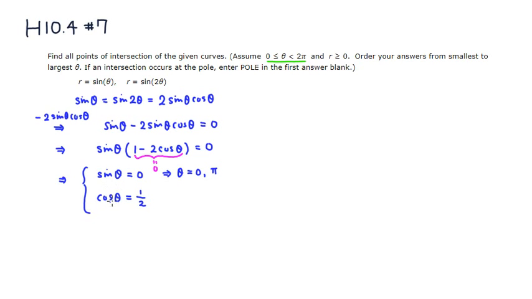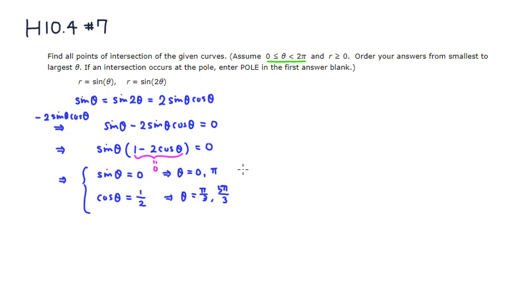And how about the angle that makes cosine equal to 1/2? Theta is going to be pi over 3, and then 5 pi over 3, and then we stop because the next one is beyond 2 pi.